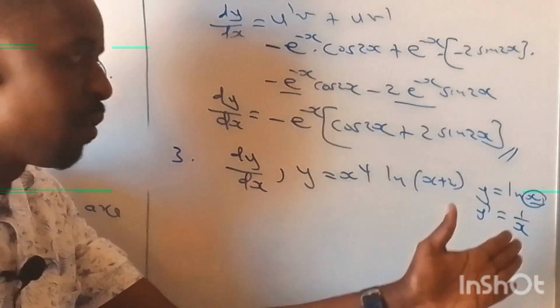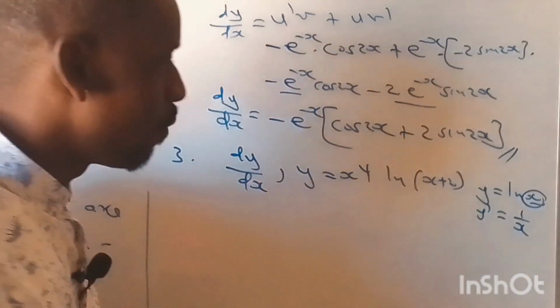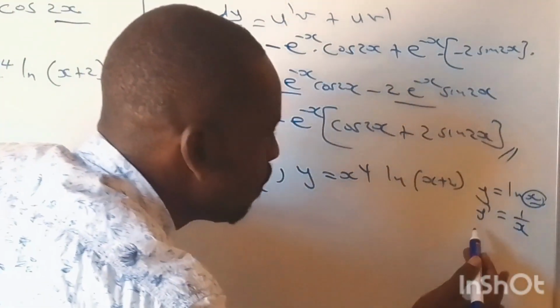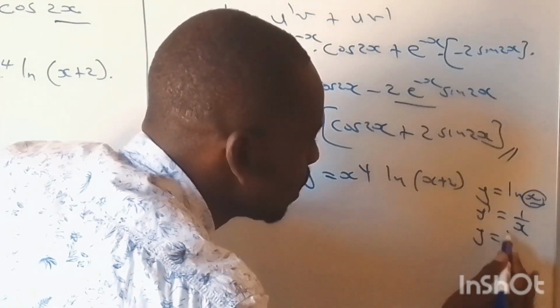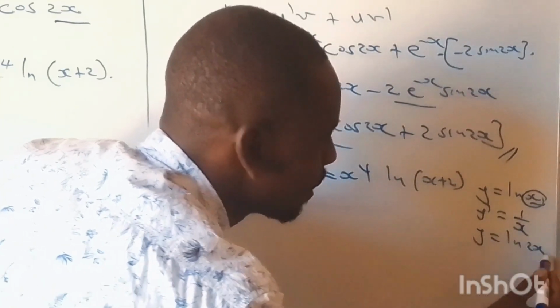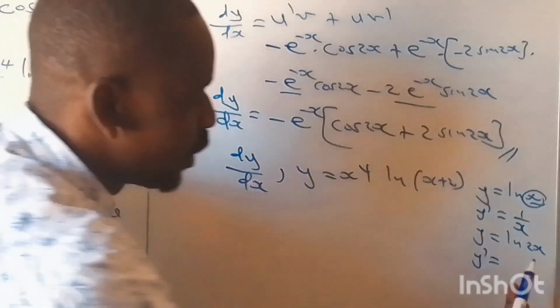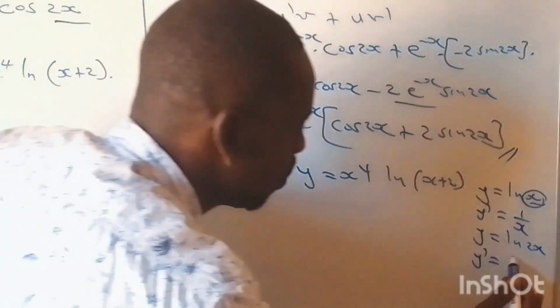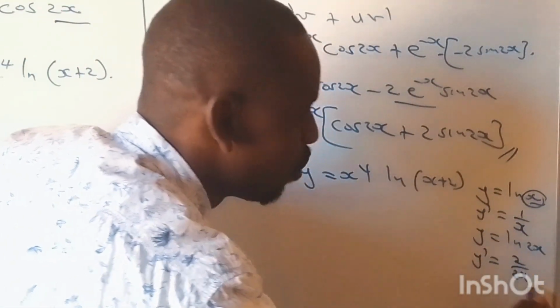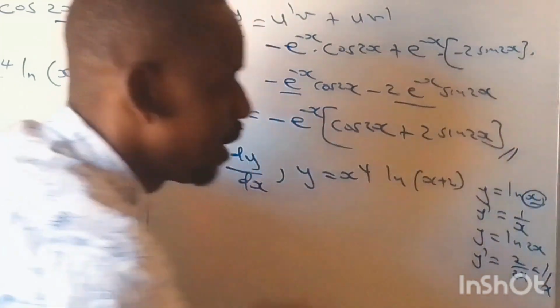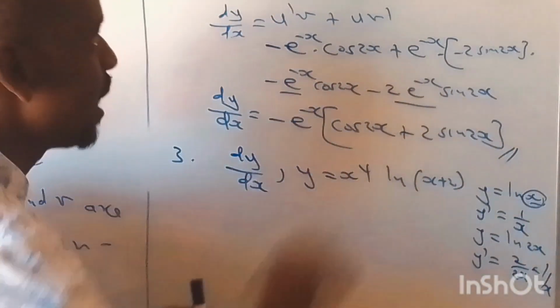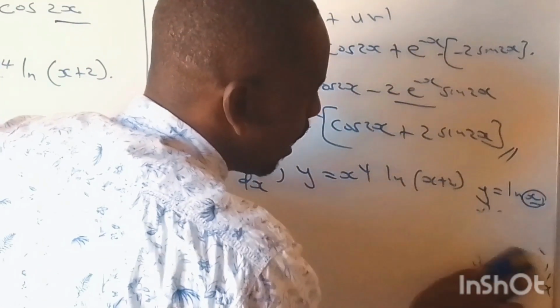So the derivative of ln of x is 1 over x. Again, if you have a function y is equal to ln of 2x, then the derivative of it, you just differentiate 2x, which is 2, then you put it over the number which is there, and it is still 1 over x. So let's apply that here.